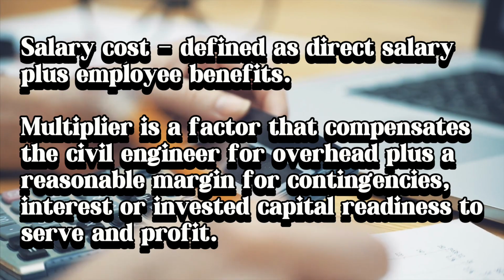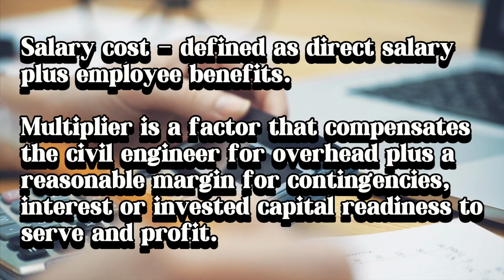The salary cost is defined as the direct salary plus employee benefits, while the multiplier is a factor that compensates the civil engineer for overhead plus a reasonable margin for contingency, interest on invested capital, readiness to serve, and profit.